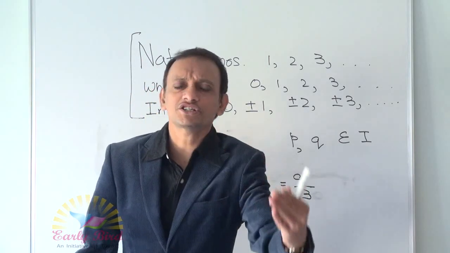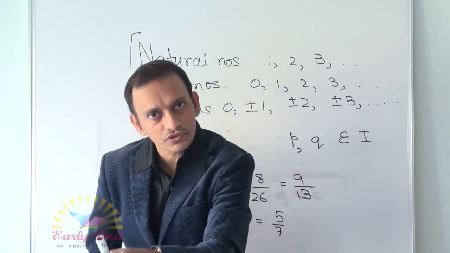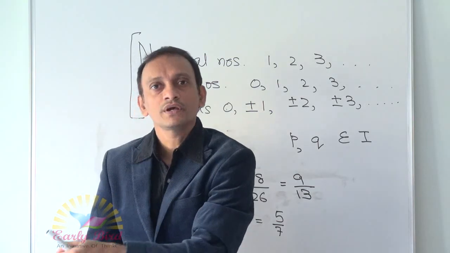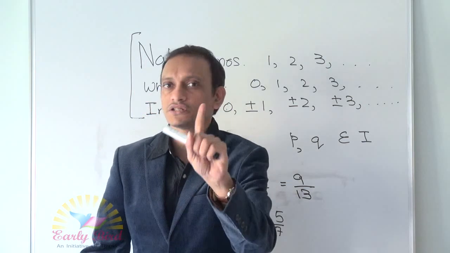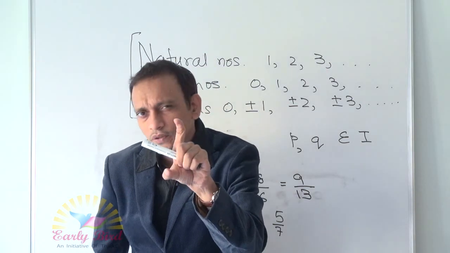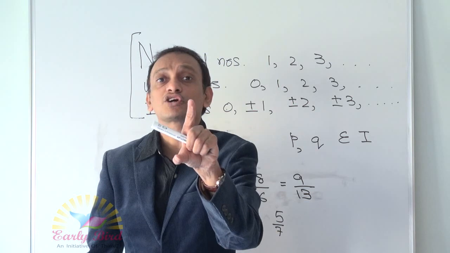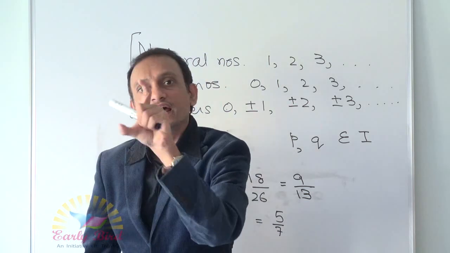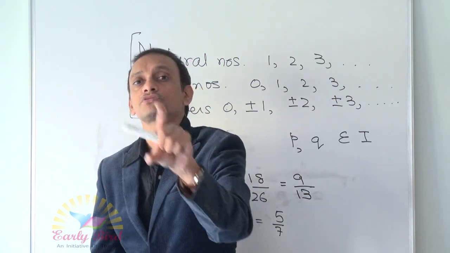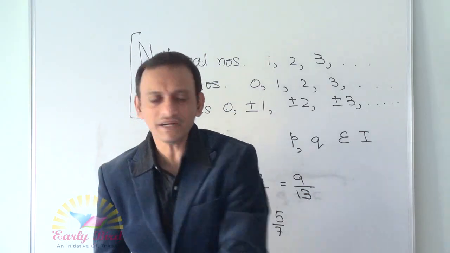And every rational number could be reduced to its lowest form, in which the numerator and denominator have no factor other than 1 in common, and that's when the numerator and denominator are called co-prime or relatively prime. That's the lowest form of expression of any rational number, right?